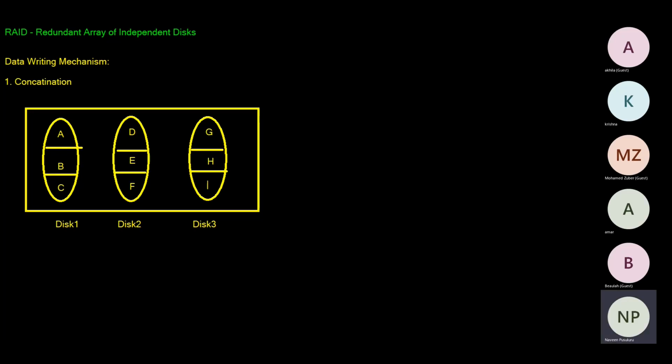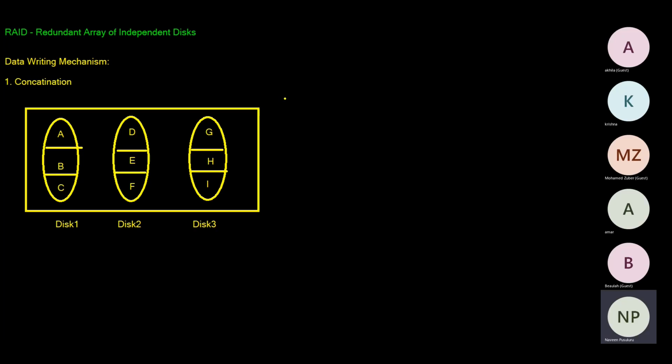So with concatenation, it writes the data disk by disk, not in parallel, one disk at a time.